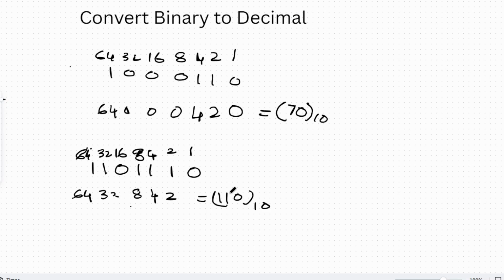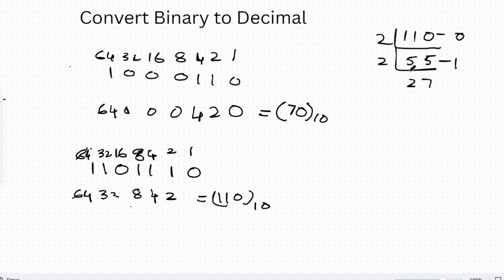What if I want to convert this 110 back into binary? So I will now take the 110 and divide it by 2. So this is 55. The remainder is 0. Divide by 2, 27.